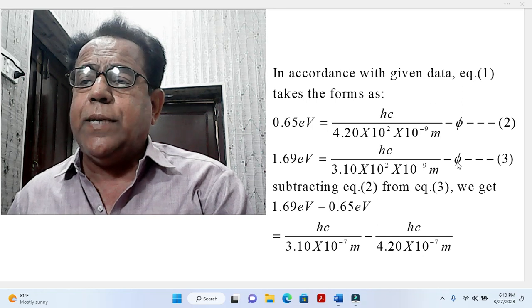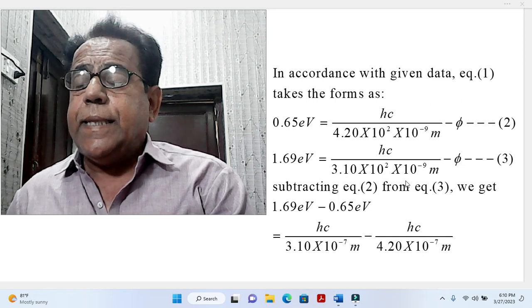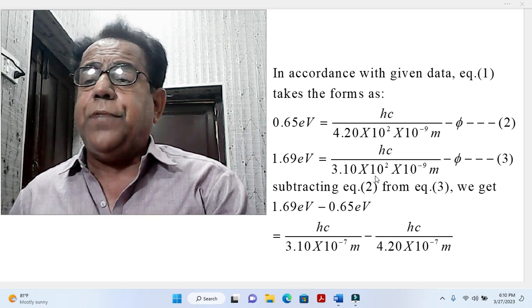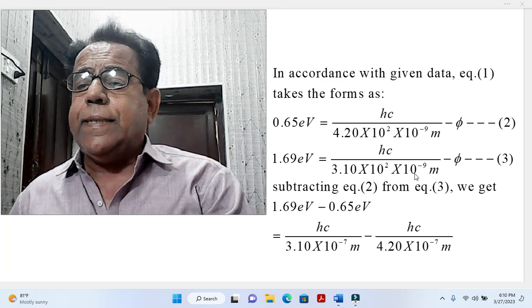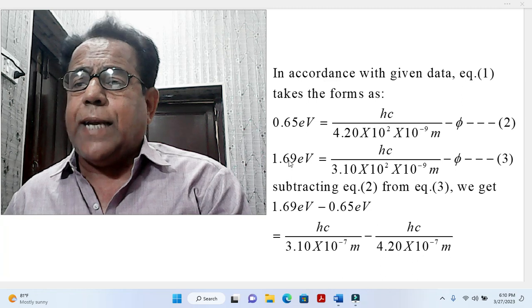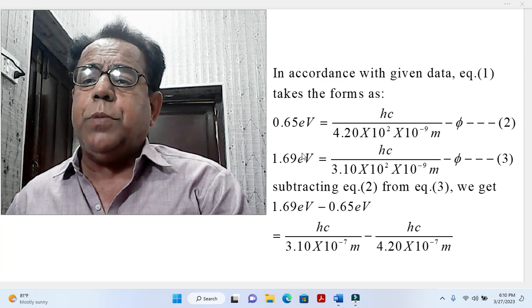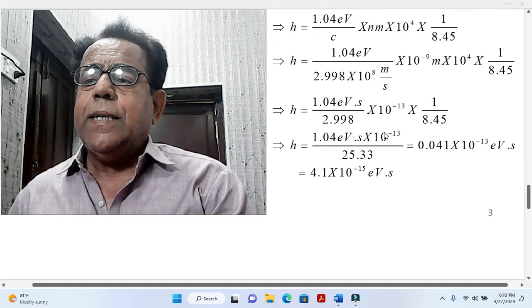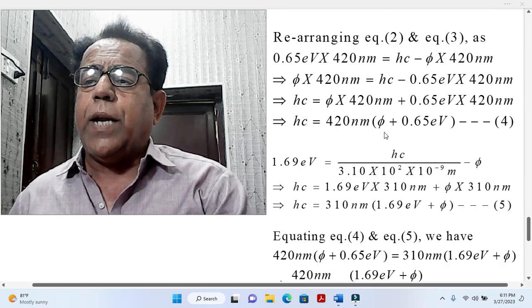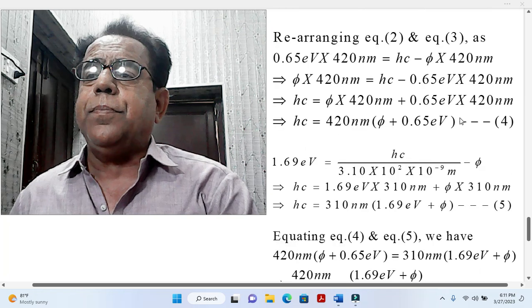Similarly, in equation number 3, this factor in the denominator will be multiplied with this factor, and after this it will be transferred to the other side of equality, and hence it will also be multiplied with this. So this is the arrangement due to which equation number 4 and 5 have come into being.